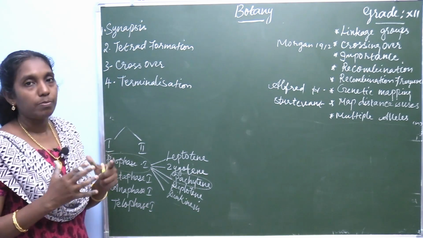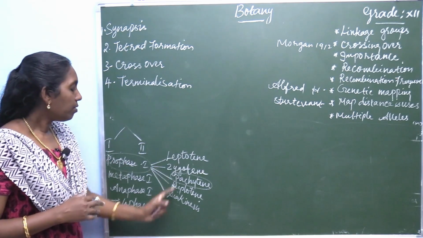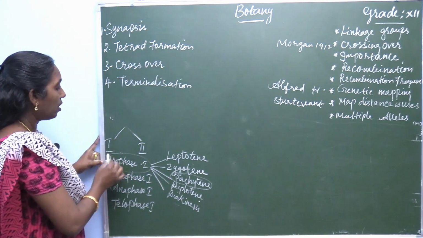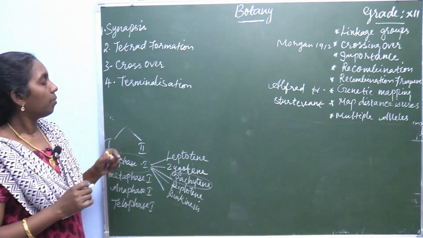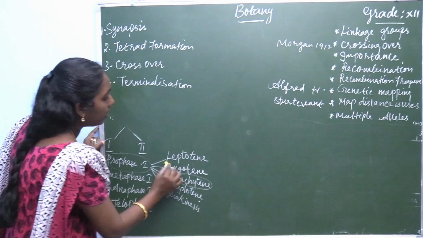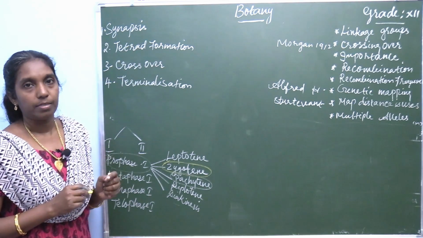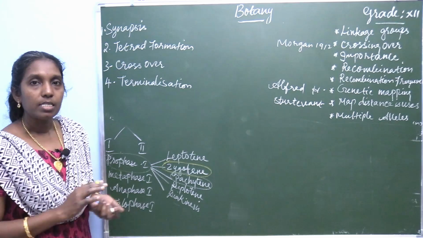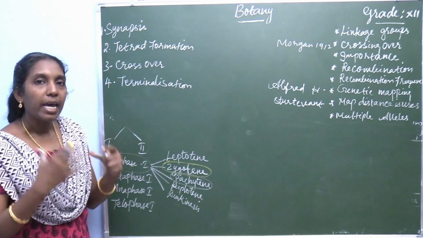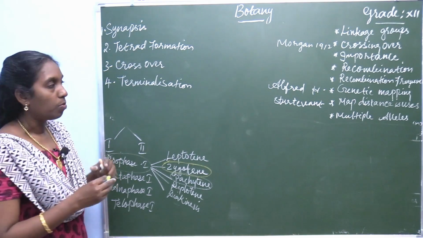First, synapsis. What is meant by synapsis? At the time of meiotic cell division, in the zygotene stage of prophase, synapsis takes place. It is the intimate pairing of the homologous chromosomes.